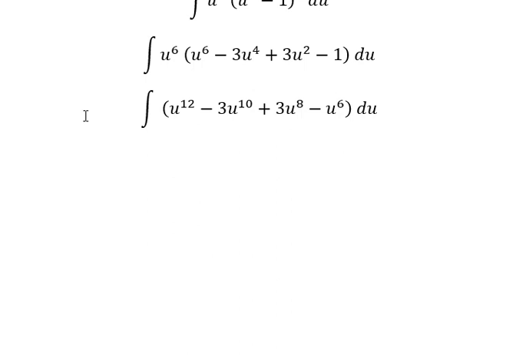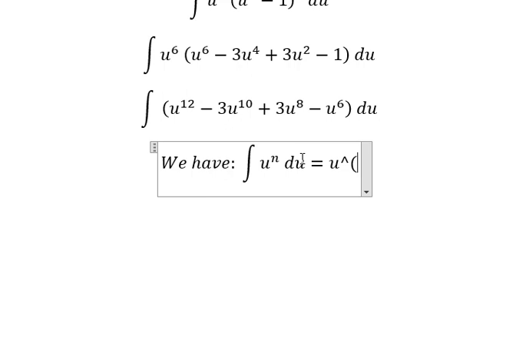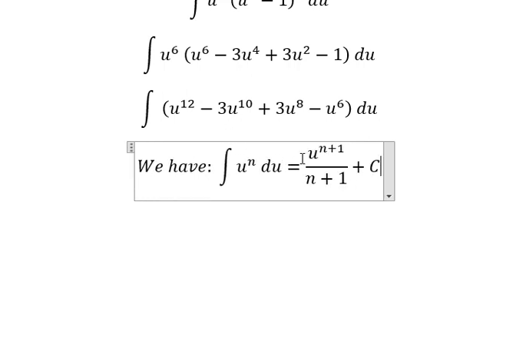Now we have the formula in here. So we put number 12 on here and we have 12 plus 1, we have 13.